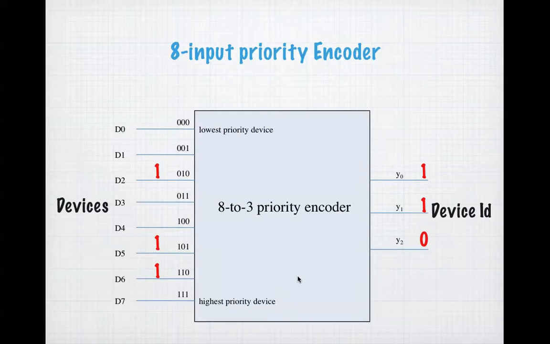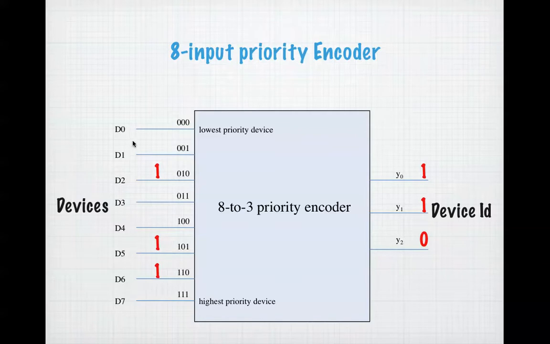Now, an 8-input priority encoder is shown in this slide, where we have 8 devices labeled from D0 to D7. They enter an 8 to 3 priority encoder in order to receive a service based on the priorities they have, and what other devices make similar requests.